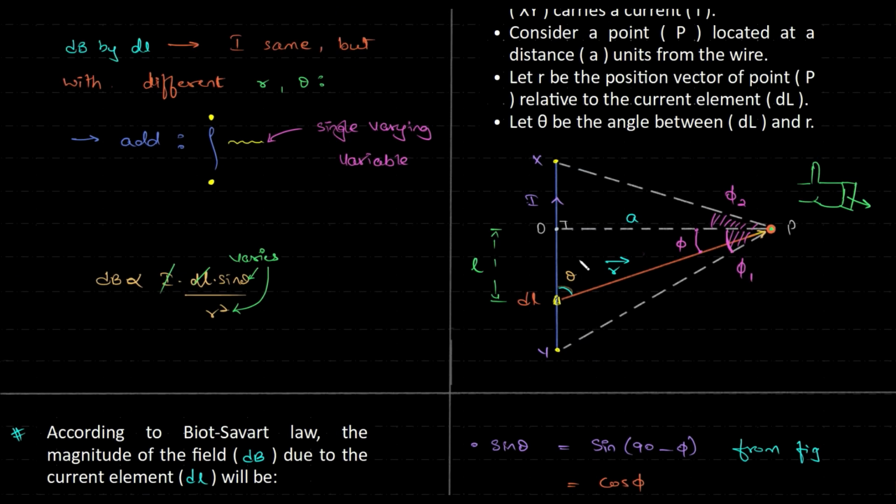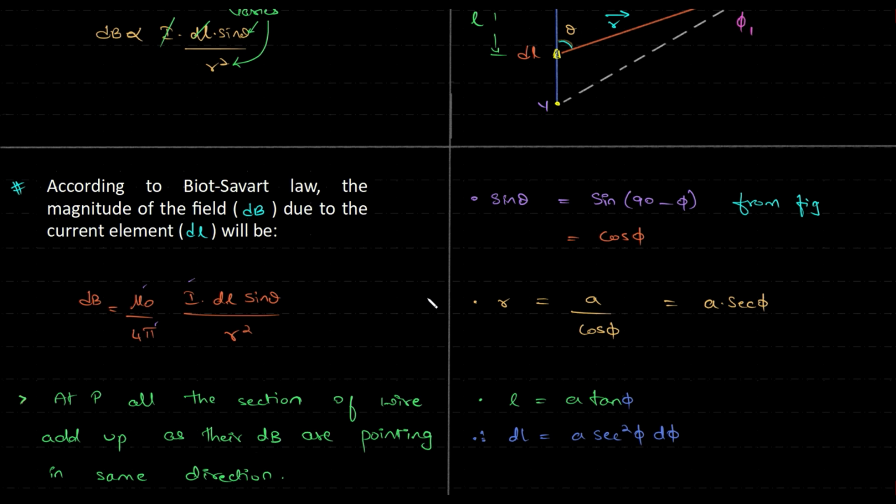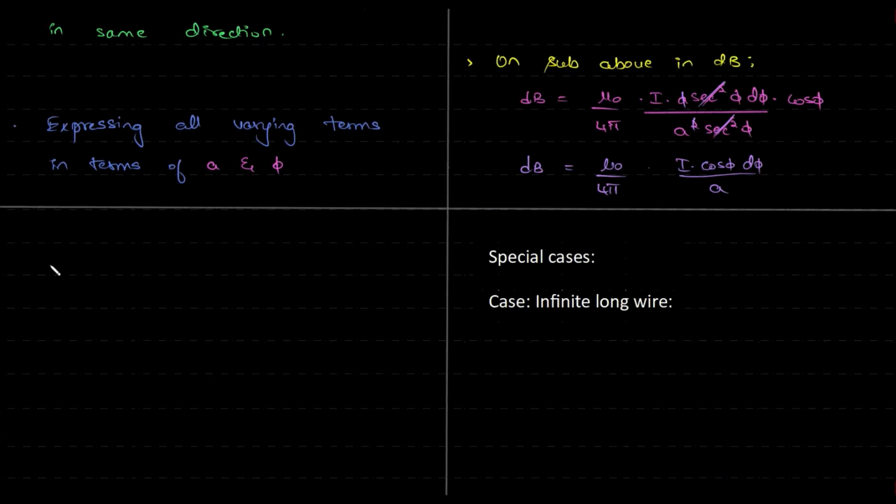How will it vary from one end to another end? It varies from phi 1 to phi 2, right? So limits: phi varies from phi 1 to phi 2.